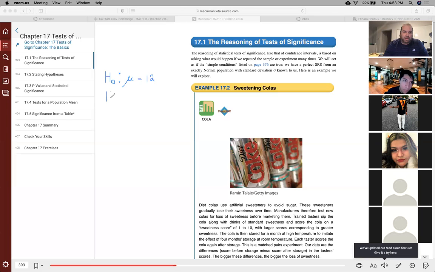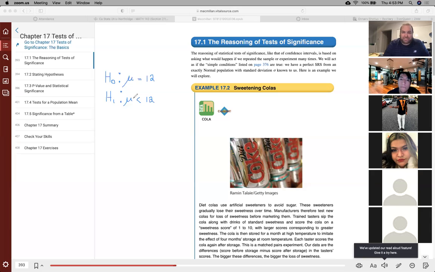And you come along and you say, I have an alternative hypothesis, H1, that the mean is really less than 12. H0: mu is equal to 12. H1: mu is less than 12.